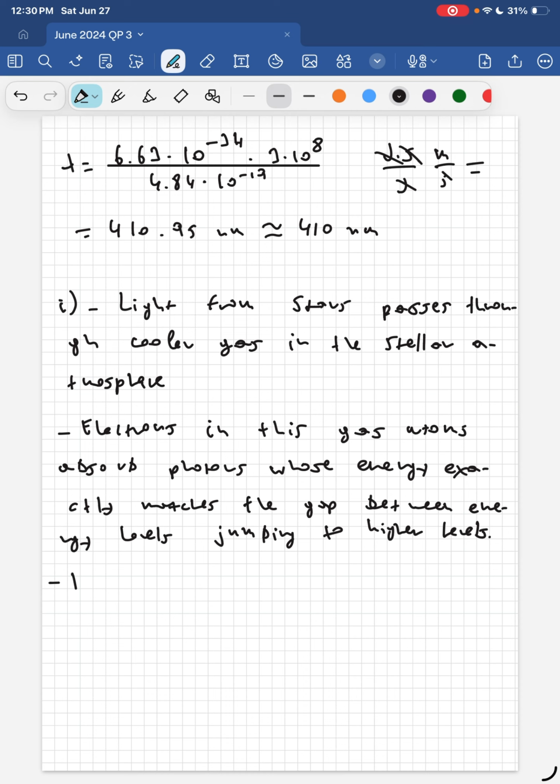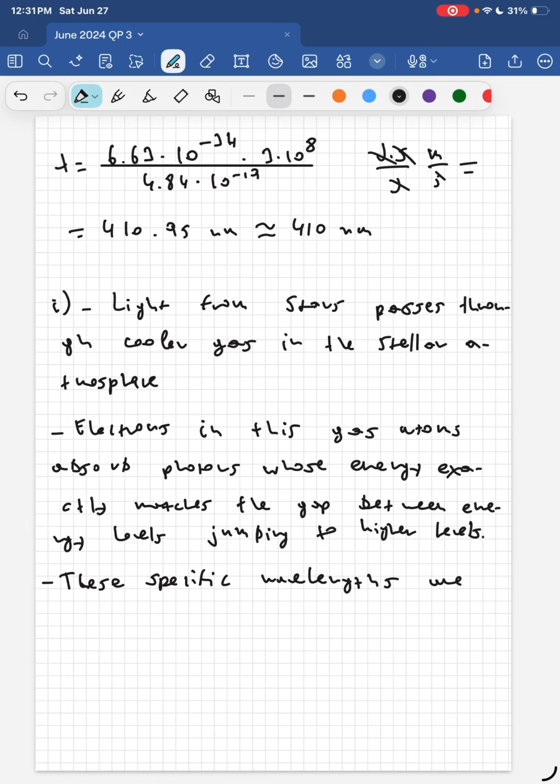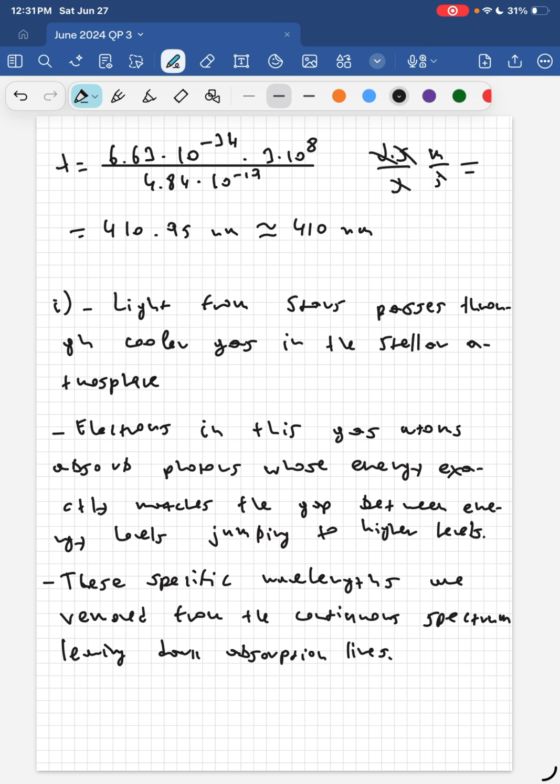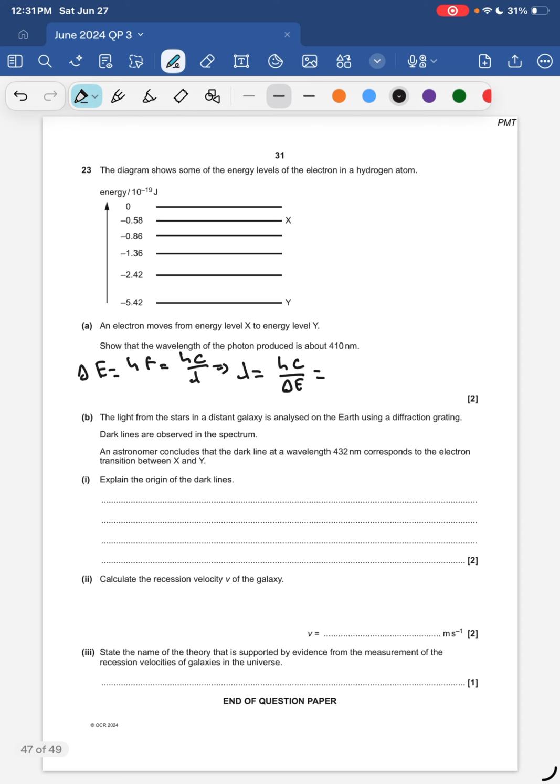So these specific wavelengths are removed from the continuous spectrum, okay, leaving dark absorption lines.